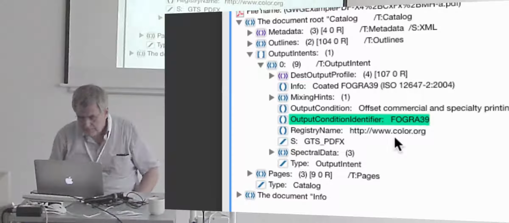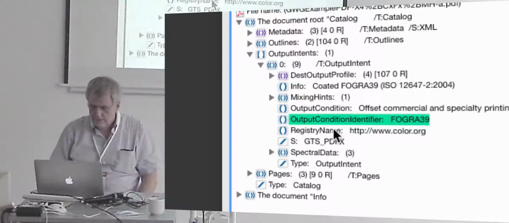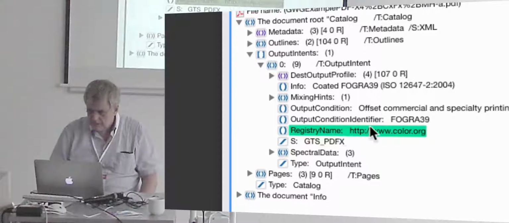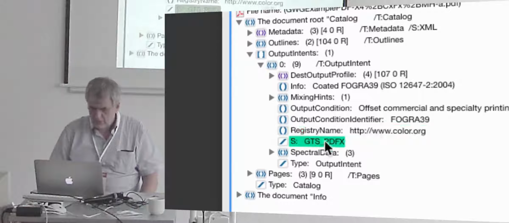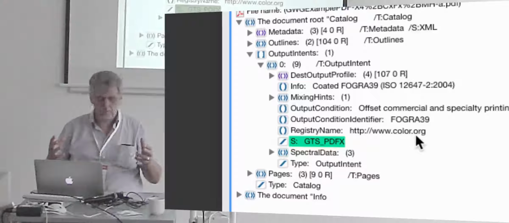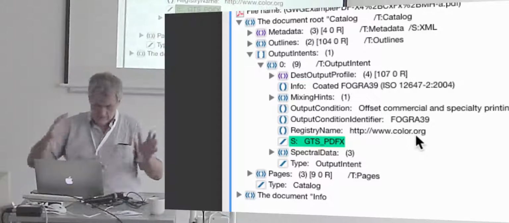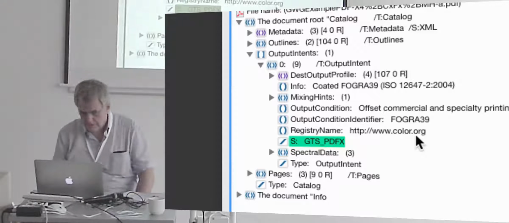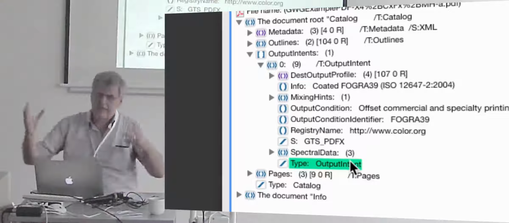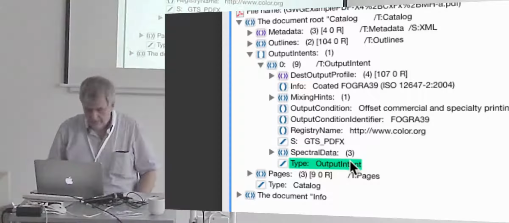This is prescribed by the PDF/X standard. You must have it. The registry name is color.org, the ICC organization. This is also prescribed. It tells the viewer this is a PDF/X output intent, not some other type of output intent. And it says, I am an output intent. That's the type value. And this is the new entry.